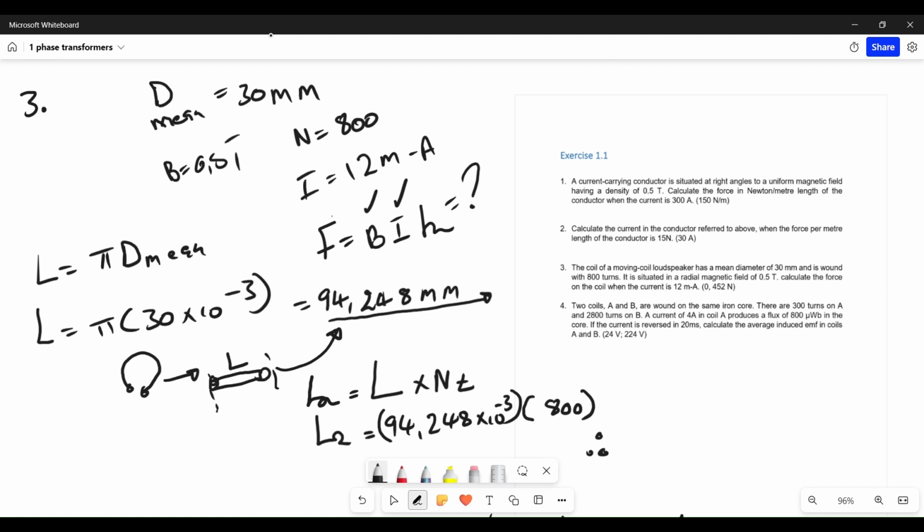Therefore, our length is equal to, let's see, okay, this gives us 75.398 meter.